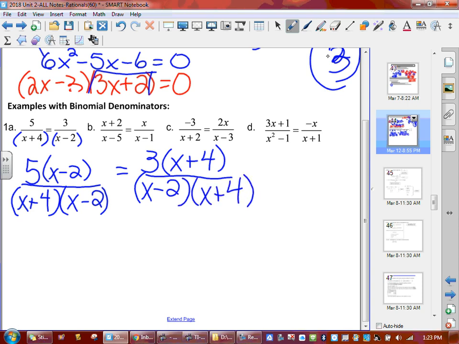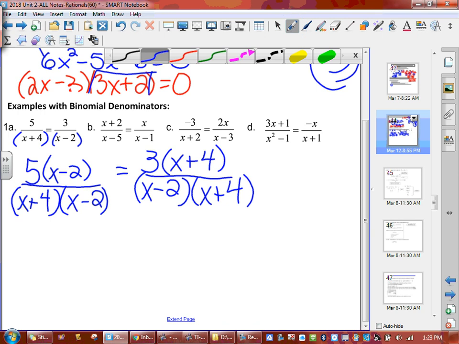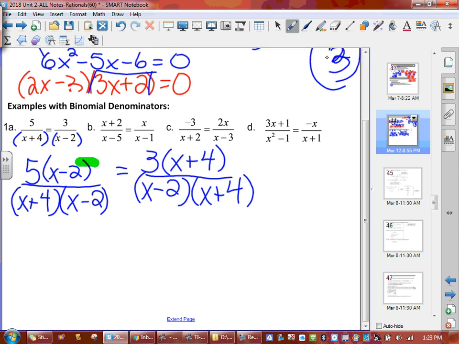Now I've written it this way on purpose, because I'd like to show you exactly what's being added. That side was missing the x minus 2. The right side was missing the x plus 4. So you're putting whatever each side is missing. You're converting your top. That's how you convert the numerators.